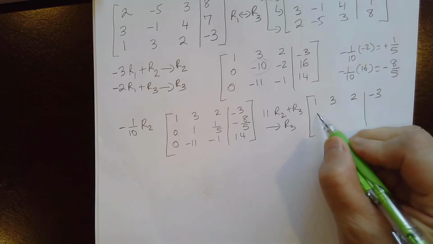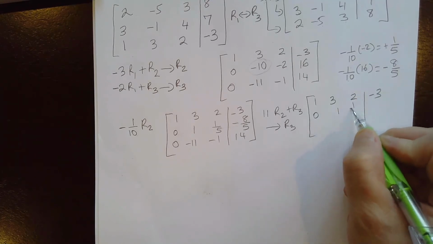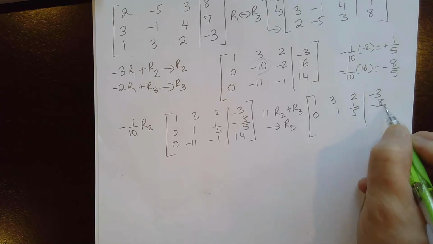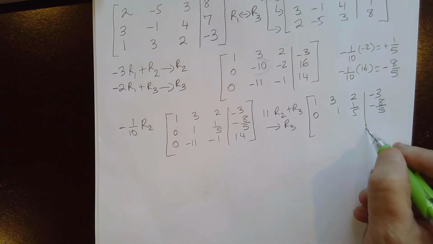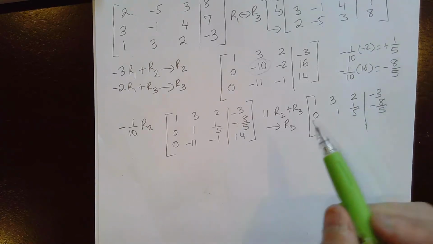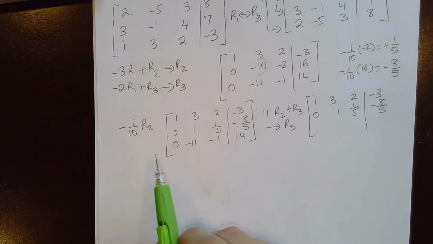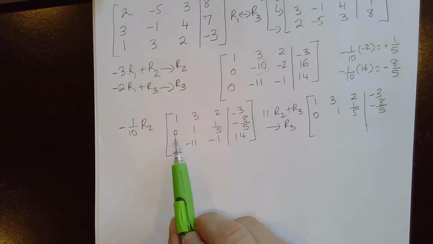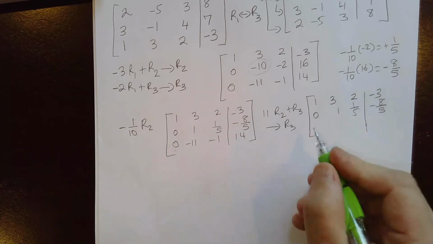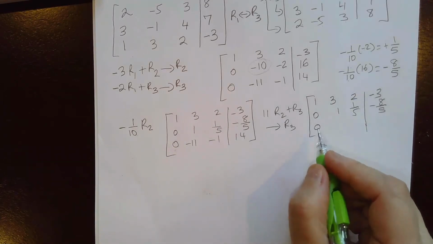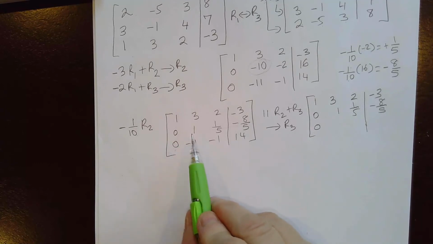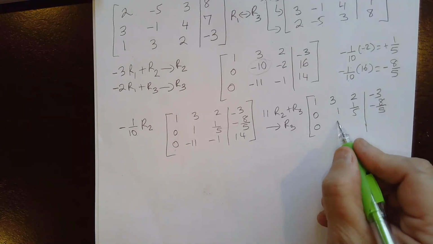And we are not changing row 2. Now let's go ahead and multiply row 2 by 11. So 11 times 0 is 0, 0 times 0 is 0. So these two will not change, okay? 11 times 1 is 11. 11 minus 11 is 0. Put the result in row 3.